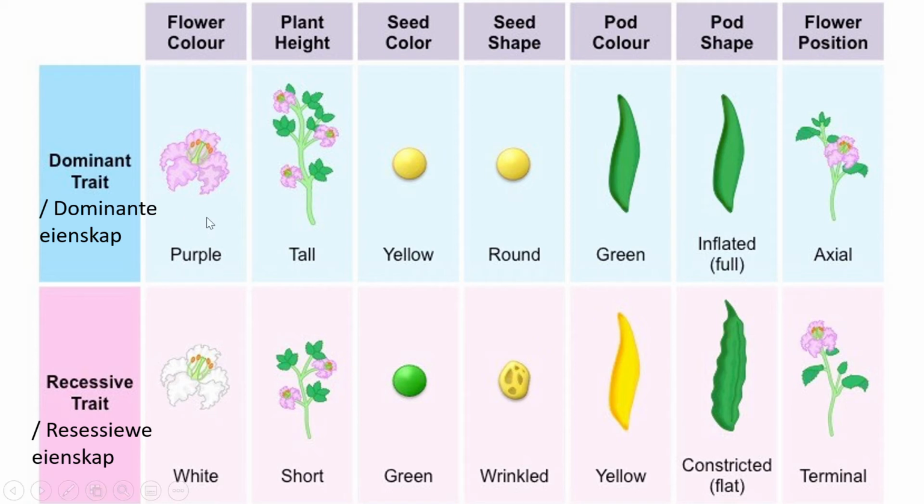So normally the flower color of a pea plant will be purple and not white. Usually the plants will be tall, like we just saw in the previous example, and normally they're not really short. It's very rare for them to be short, and so on for the other examples. You guys don't have to memorize this slide. This just demonstrates that he realized some things we normally see in nature, some things we rarely see in nature.